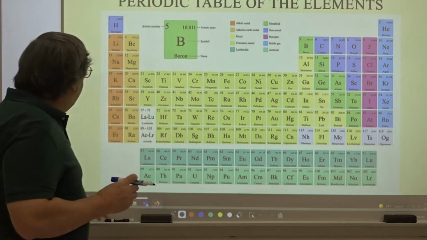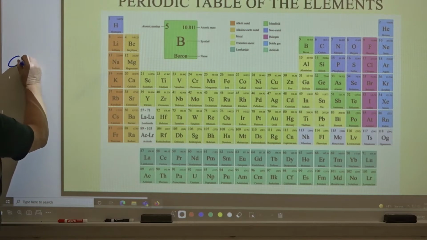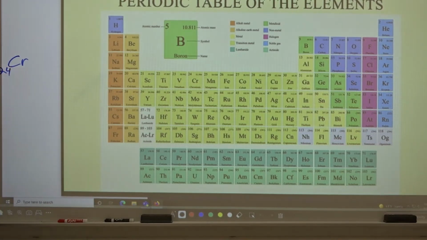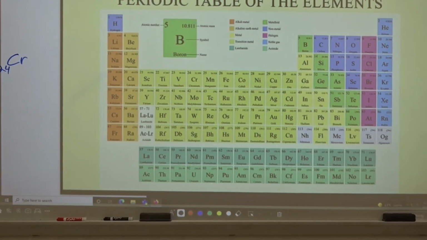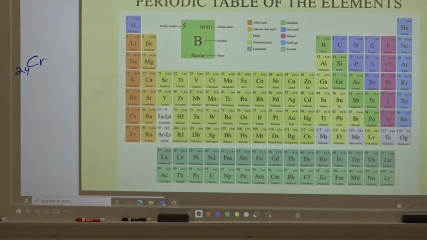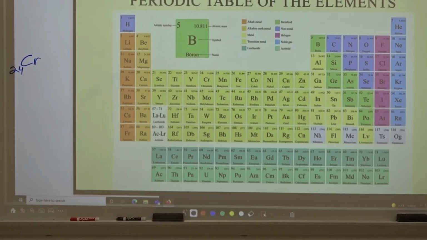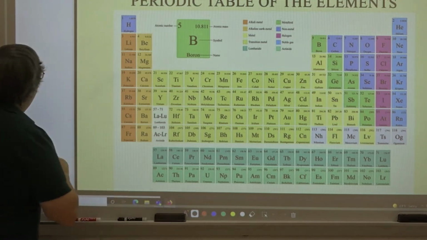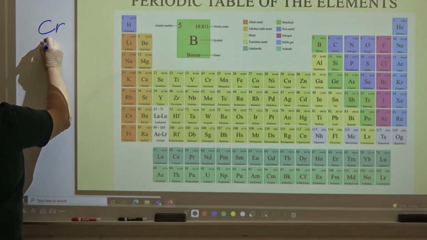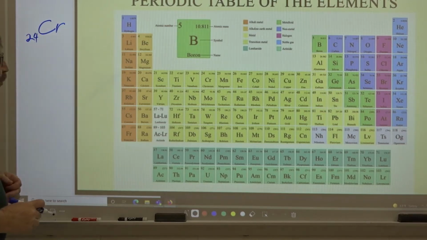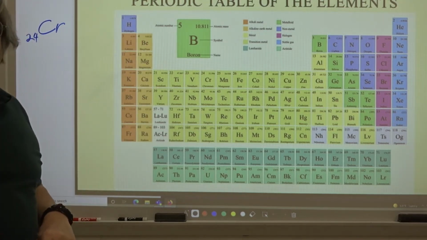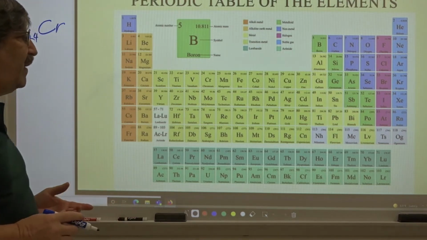And so if we take an isotope of chromium with an atomic number of 24, and let me make this larger so you can see it. Let's make up an isotope of chromium with an atomic mass number of 54.